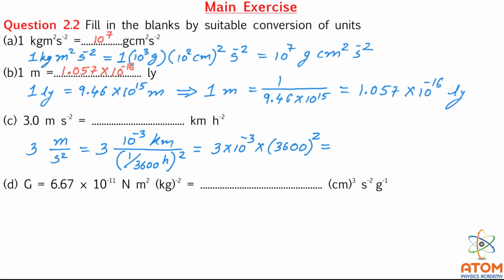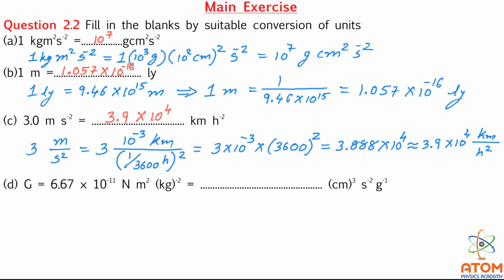So that will be, we can write 3.888 into 10 raised to 4, which is nearly equal to 3.9 into 10 raised to 4, and the unit will be kilometer per hour square. So we can put this value, and that is 3.9 into 10 raised to 4 kilometer per hour square.